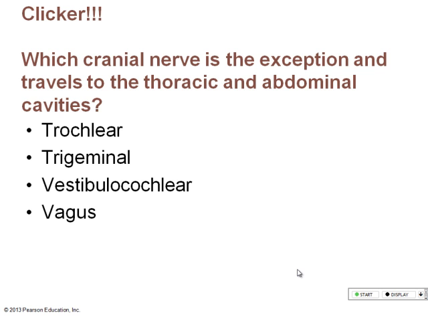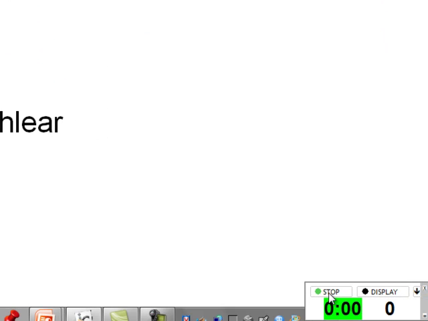Clicker! See, I'm keeping you on your toes today. Which cranial nerve is the exception to the rule and travels to the thoracic and abdominal cavities? If you listened to the last lecture, I mentioned this one.